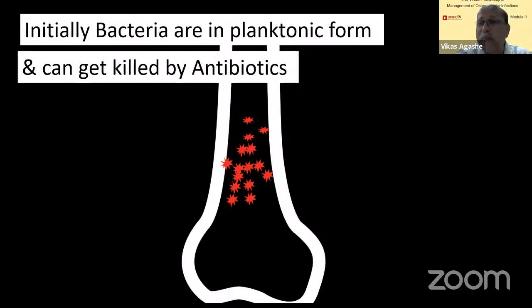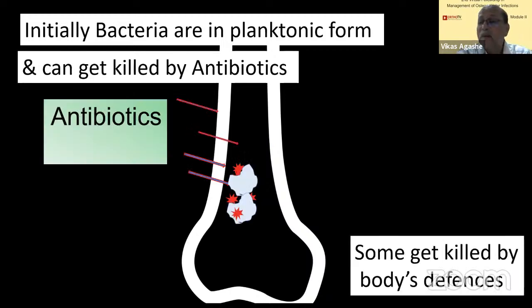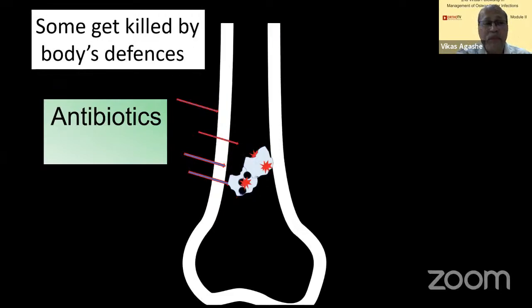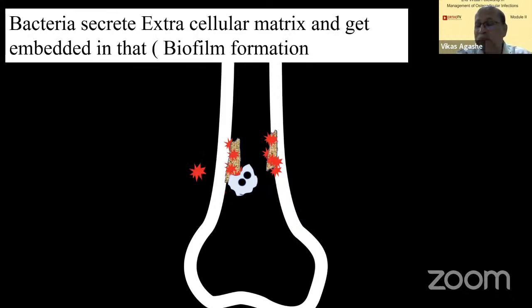So to recapitulate, initially the bacteria are in planktonic form. They get killed by antibiotics. Whatever are remaining get killed by body's defenses. When there is a traumatized tissue or avascular tissue or poor host defenses, then bacteria start sticking to the surface, something which we did discuss last time.